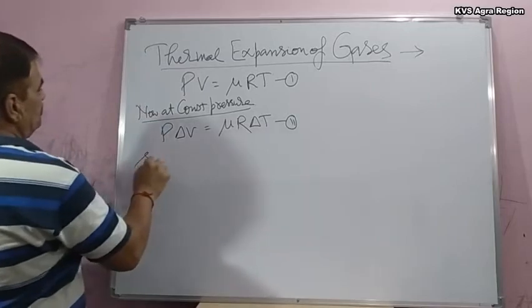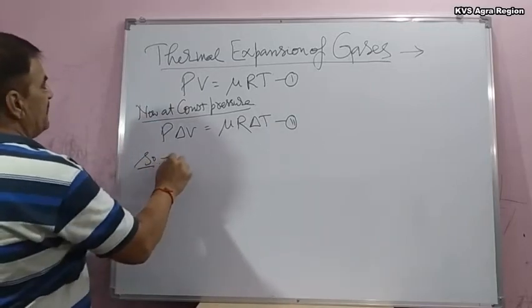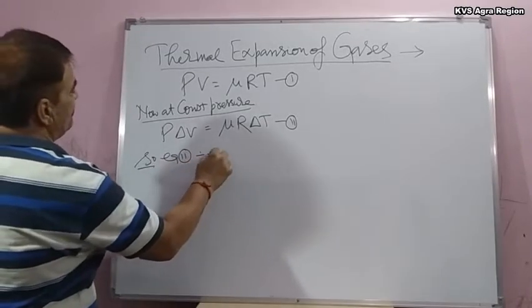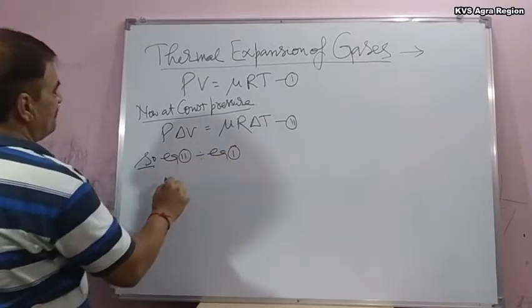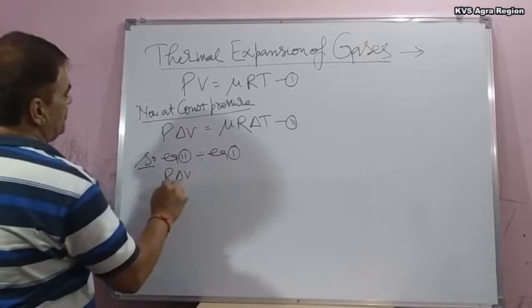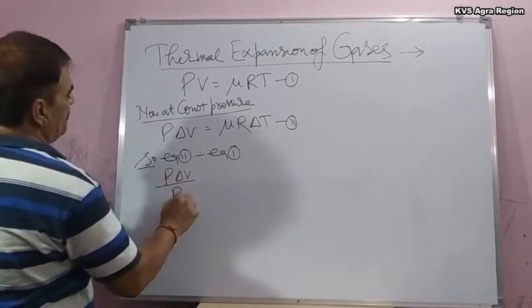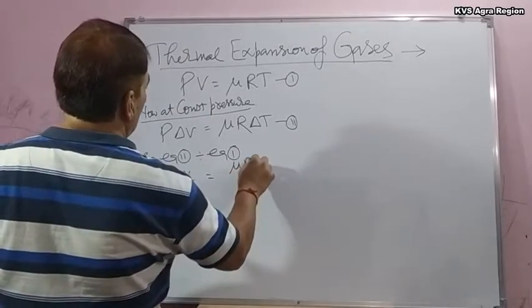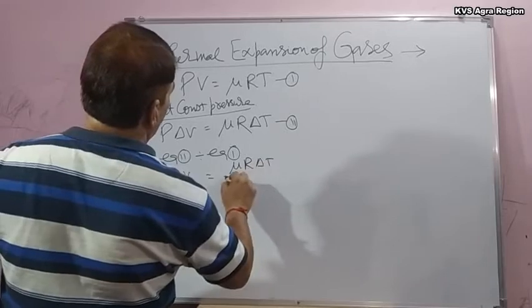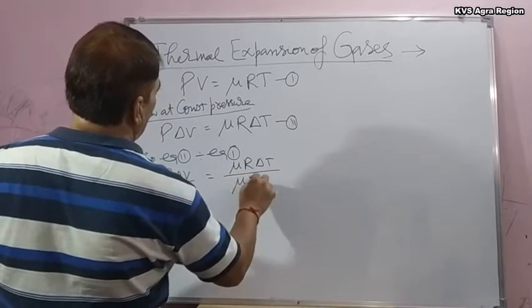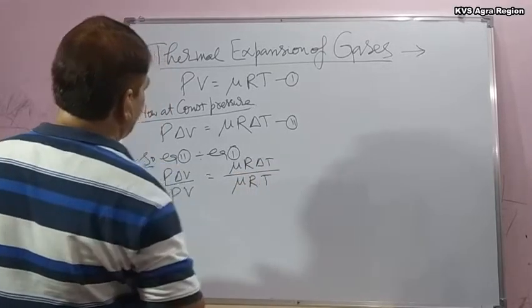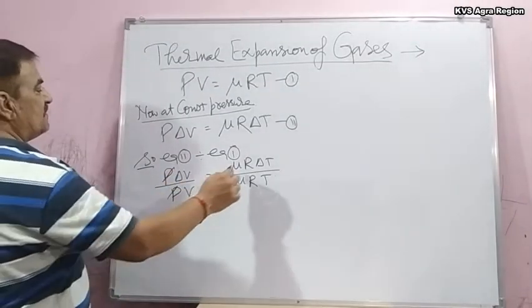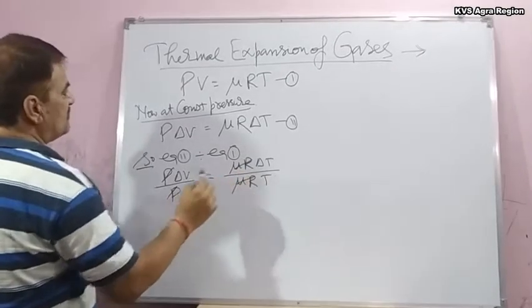So equation 2 divided by equation 1, so P delta V upon PV equivalent to mu R delta T upon mu R T. So P will cancel out here, mu R will also cancel out.